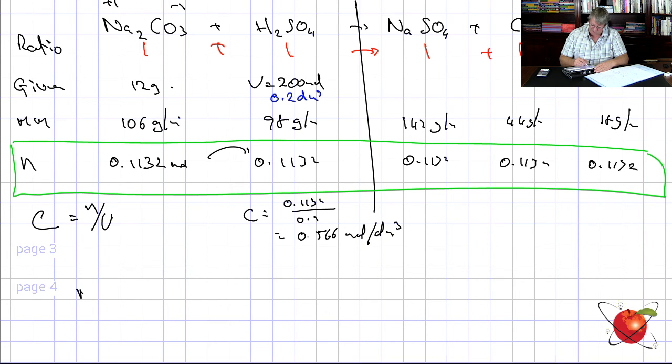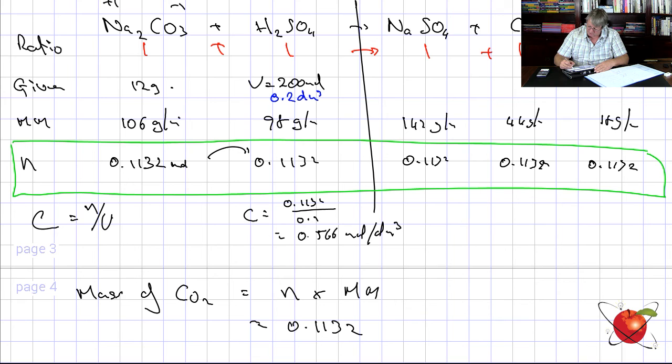The mass of CO2 is equal to number of moles times molar mass. The number of moles is 0.1132, times, and CO2 is 44. 0.1132 times 44 is going to be 4.98 grams.